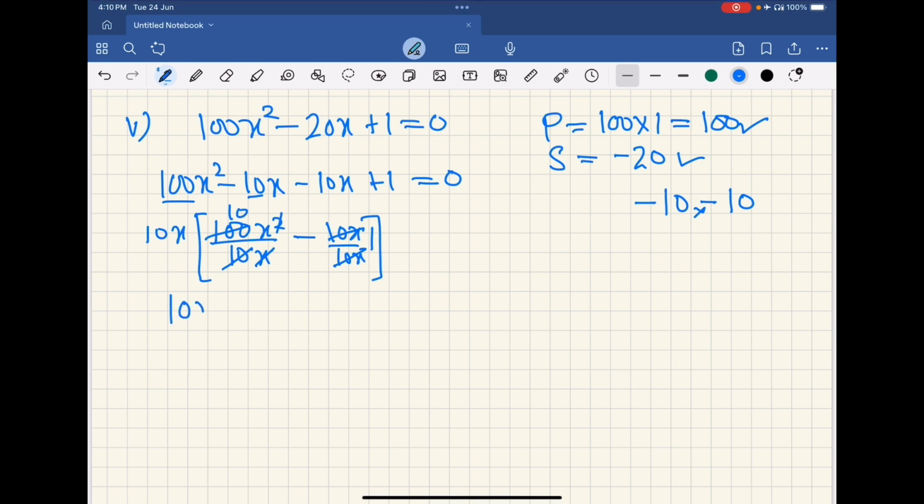So what do we get in this bracket? We are getting 10x times (10x minus 1).